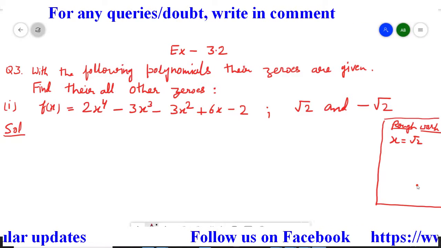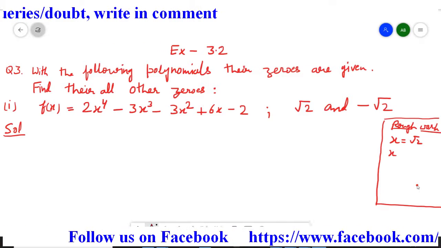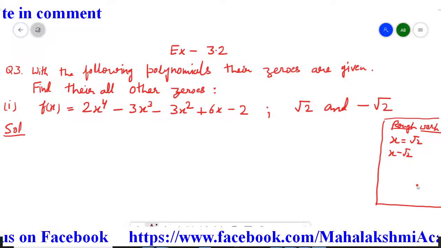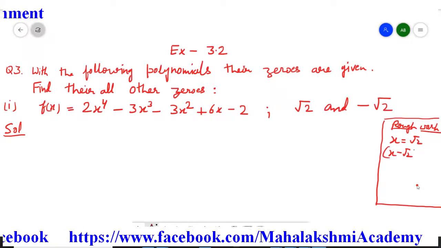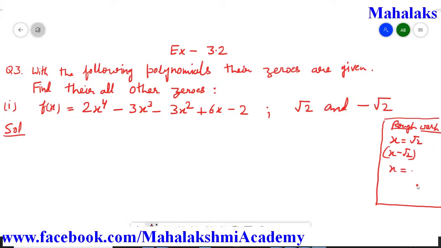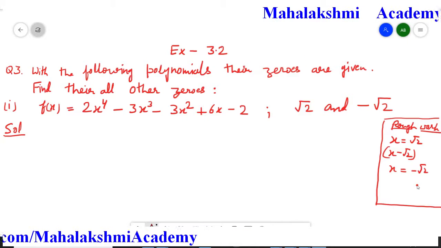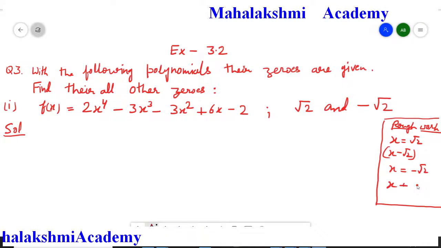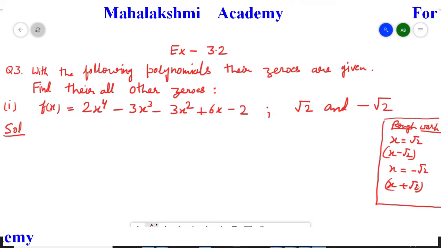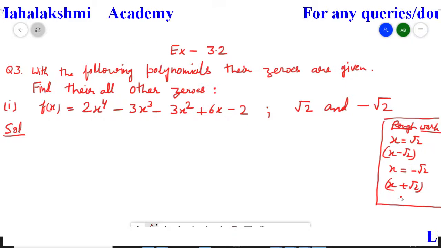From this, the factor of the polynomial is going to be, shifting this plus root 2 to the other side, x minus root 2. So this is the first factor of this polynomial. In the same way, the other zero is x equal to minus root 2. Now when we shift it to the other side, it is going to be x plus root 2. So there are two factors of the polynomial: one is x minus root 2, the other one is x plus root 2.